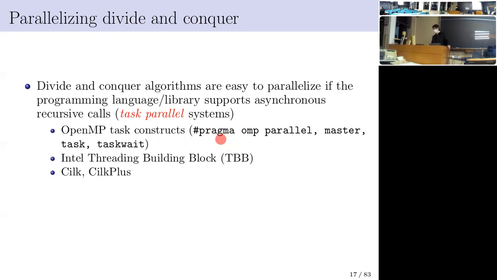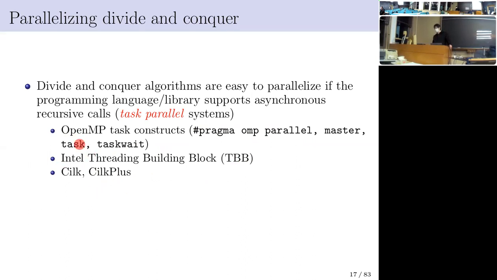Just to refresh your memory, what you need to master is the pragma omp parallel, master, task, and taskwait. I'll get to it shortly. There are also other parallel programming libraries or languages that support similar concepts, such as Intel TBB or Cilk Plus.